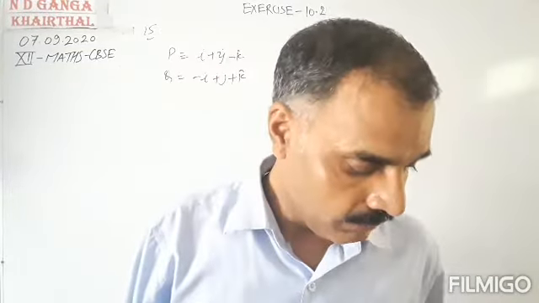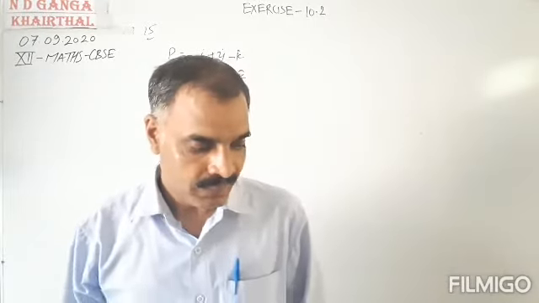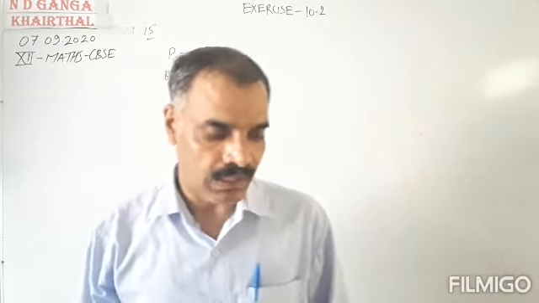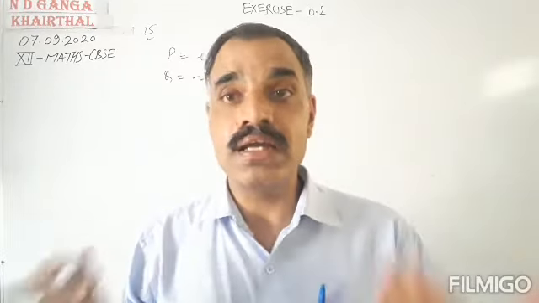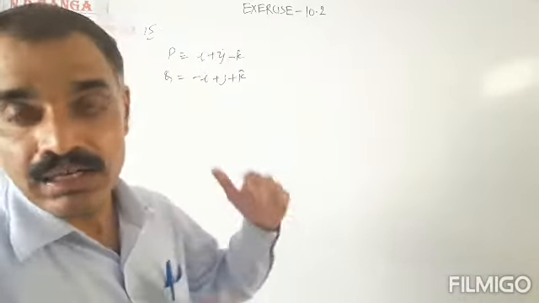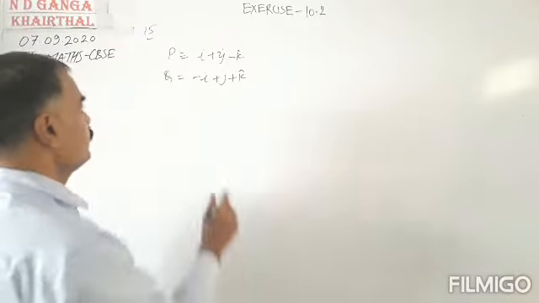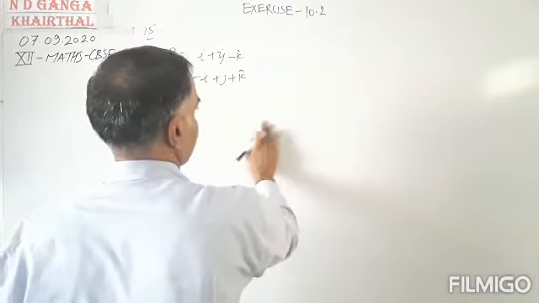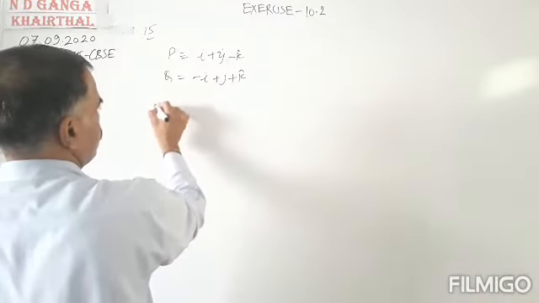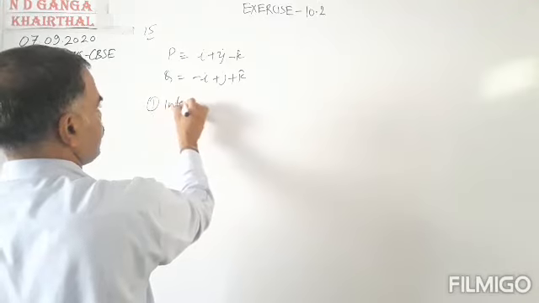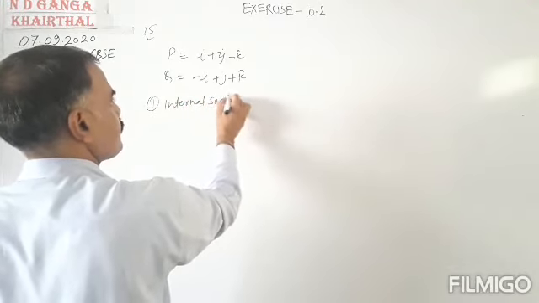And we have to find the coordinates of R, which internally divides and externally divides the line segment PQ. Okay, so we have to find the coordinates of R. First one, internal section.